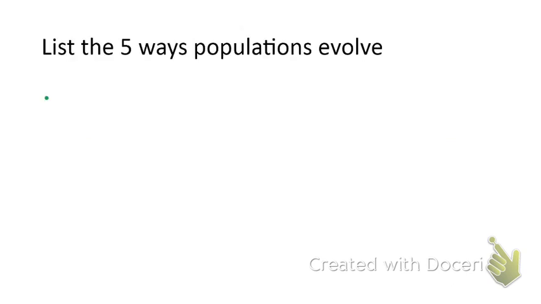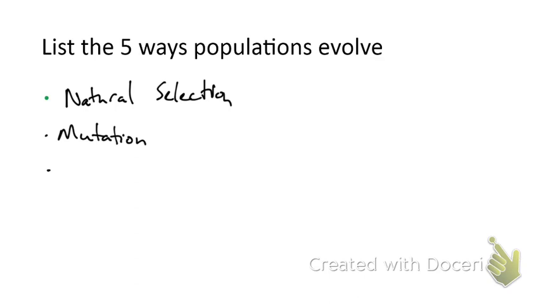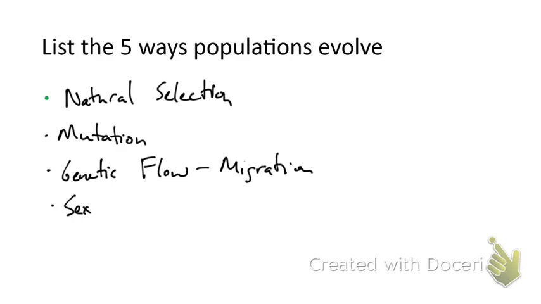So what are the five ways, if we review, to evolve? One is natural selection; that's what we talked about. A second is mutation, which causes a change in allele frequency. A third is gene flow, which is moving from one place to another; we can say migration. A fourth is sexual selection, like non-random mating.